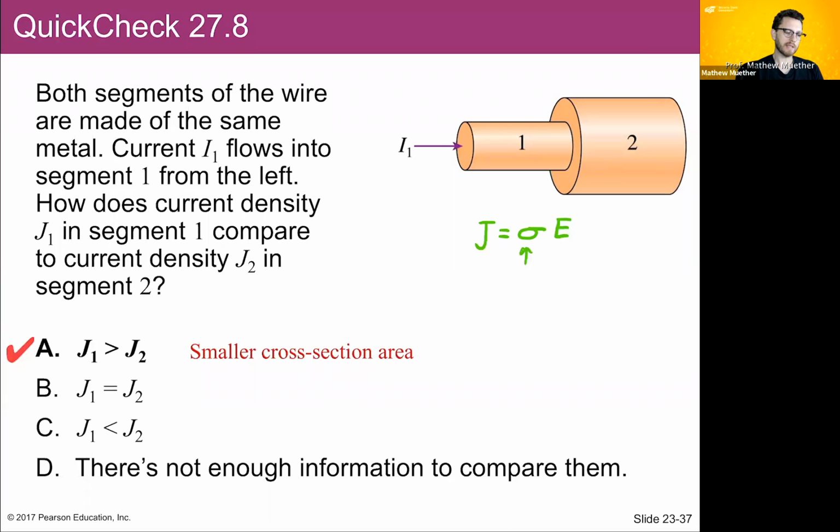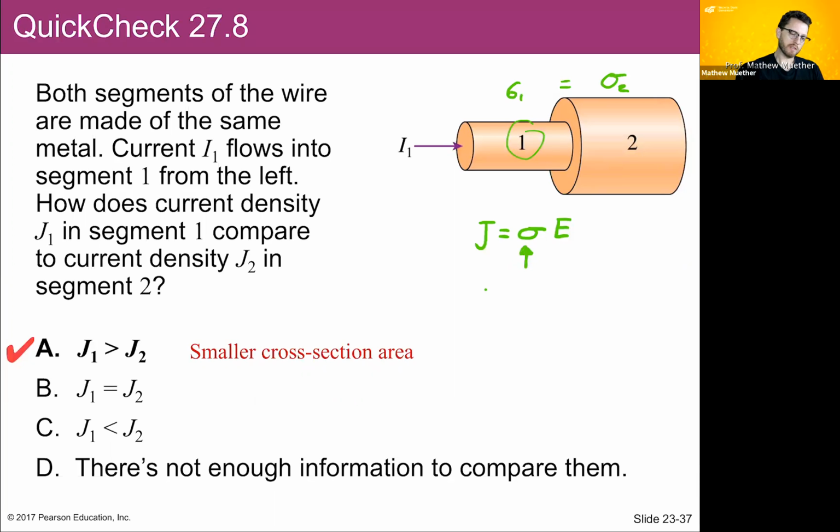Well, it's the same material, the same metal. Conductivity is just a material property. It only depends on the type of material. So conductivity 1 has got to be equal to conductivity 2 if they're the same materials. You just go to the table and look up the conductivity values for, say this is copper, for copper.